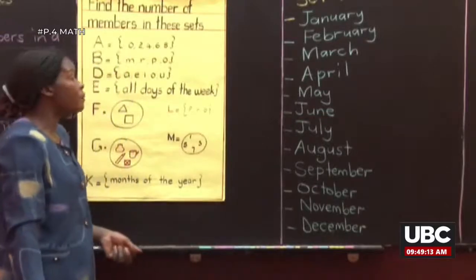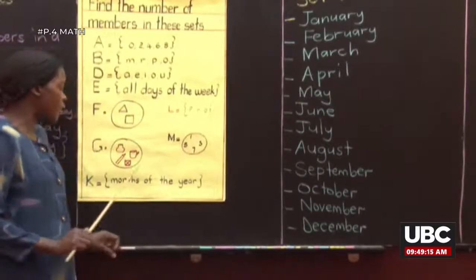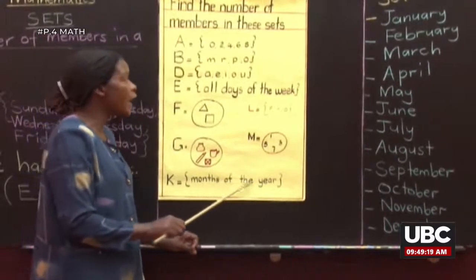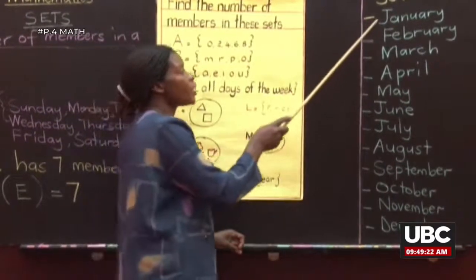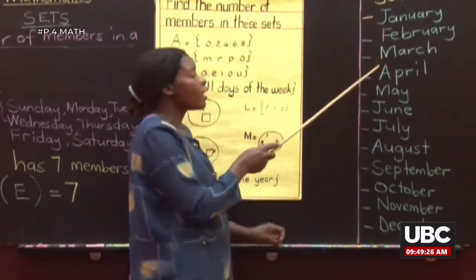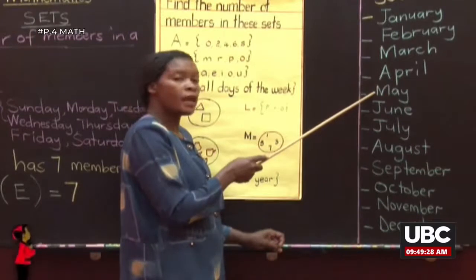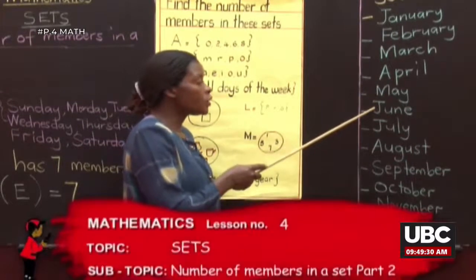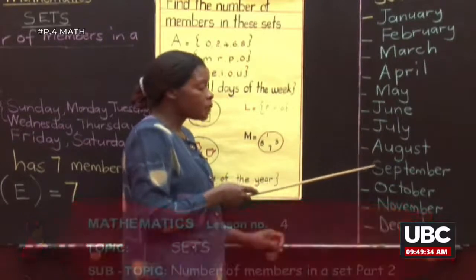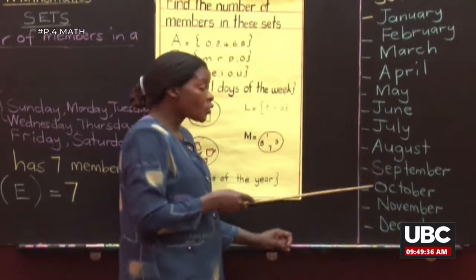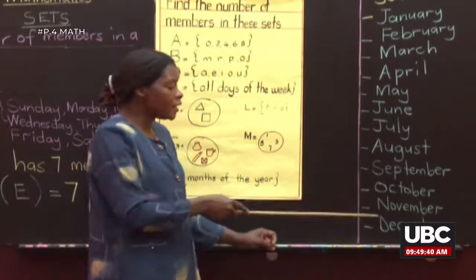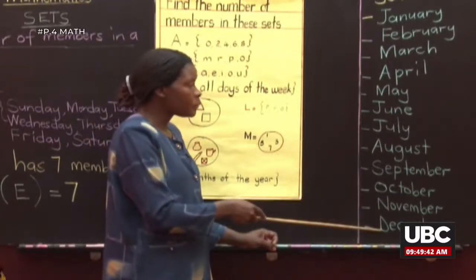Now, these are the members of our set K. They are talking about months of the year, which are January, February, March, April, May, June, July, August, September, October, November, and lastly, December.